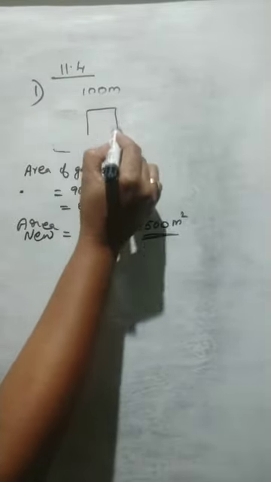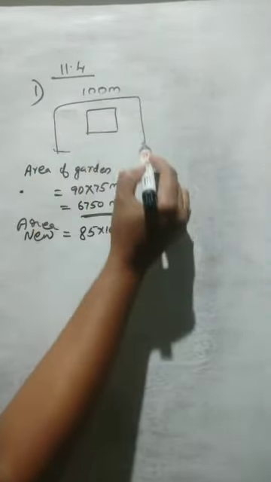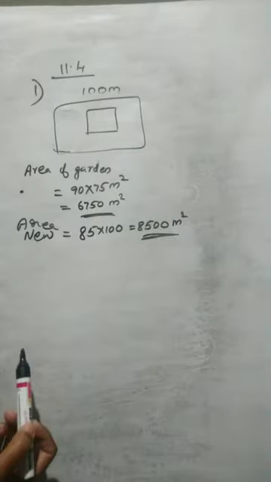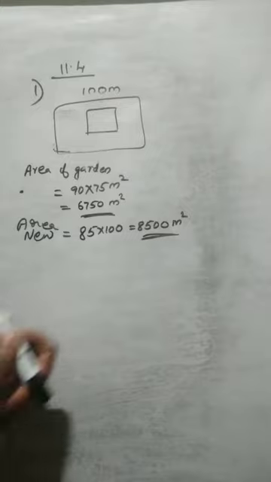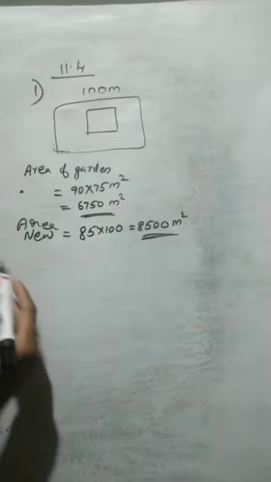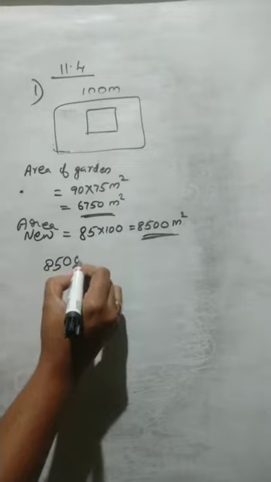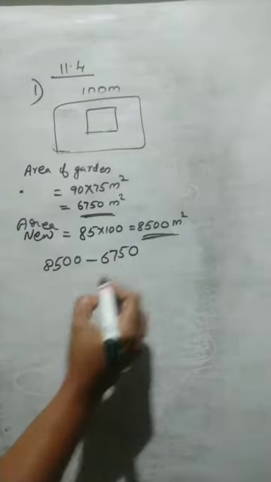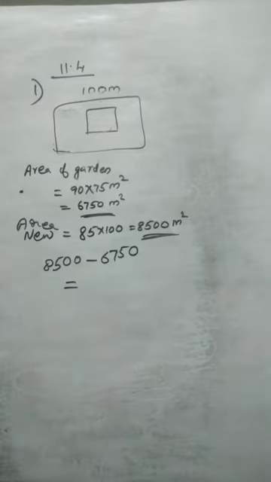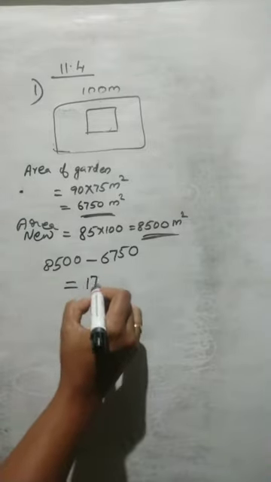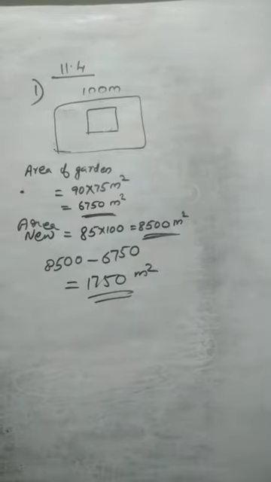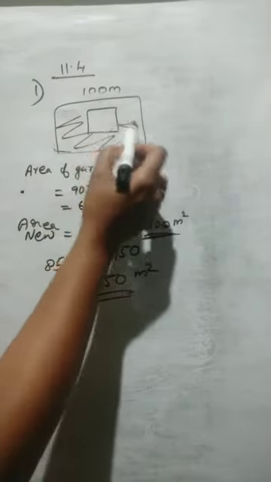Now we found the area of this one and the area of total. Okay. Then how can we find? We can subtract total area minus this small area. That will be 8500 minus 6750. The answer is 1750 meters square is the area of this path.